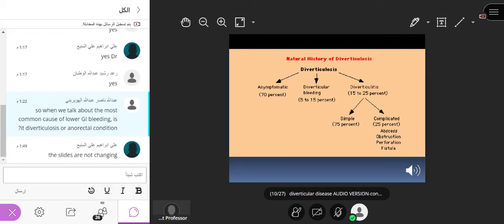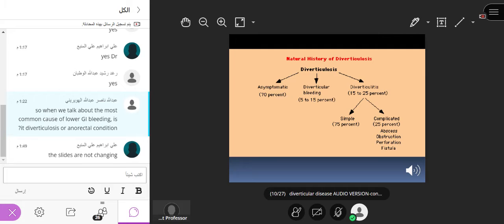You will do an ultrasound, and the ultrasound may not tell you anything. Then you'll do a CT scan, which may tell you something. Because there was bleeding as well, you'll do a colonoscopy, and in colonoscopy you will easily see the diverticula, and whether they are bleeding or getting infected. The bleeding is painless.